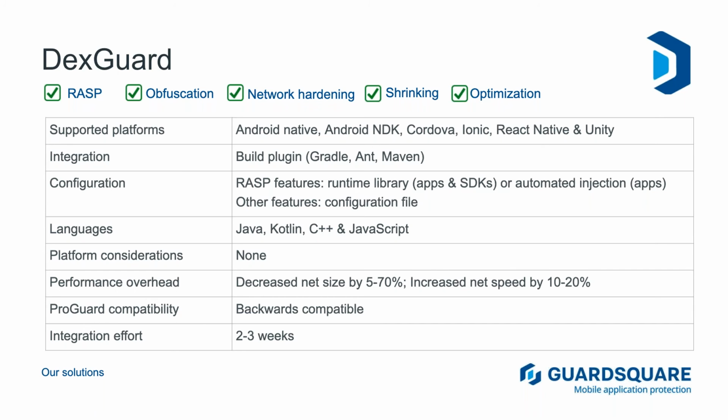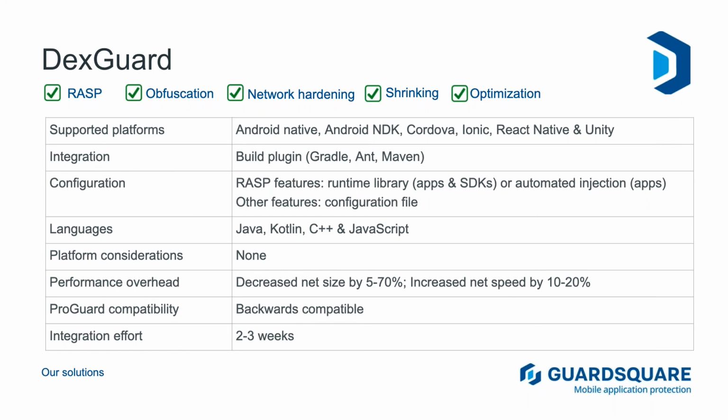It will also provide you obfuscation and encryption techniques that you can apply to the security sensitive parts of your application to protect it from static analysis. We offer an SSL pinning solution to implement network hardening. And on top of that, we also shrink and optimize the app to make it smaller and faster.